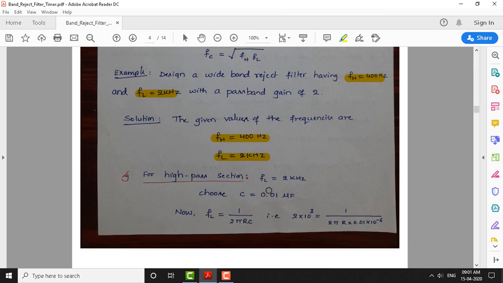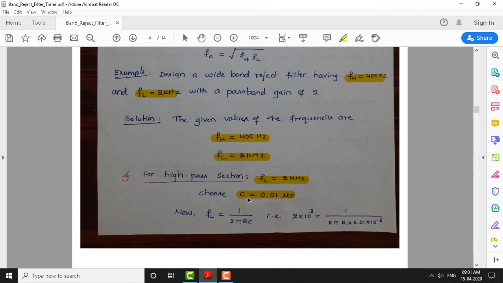Now let us see the high pass section filter design. For the high pass section, FL is applicable, which is given as 2 kHz, and we are going to assume the capacitor value as 0.01 microfarad. The capacitor value for all the filters should be assumed as less than 1 microfarad. Now we can use the formula FL equals 1 divided by 2 pi RC.